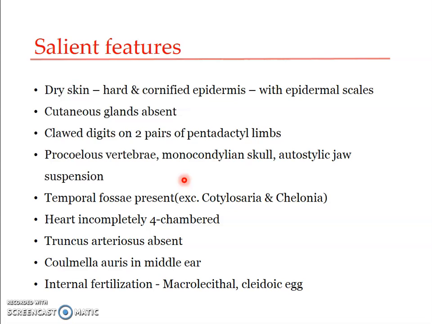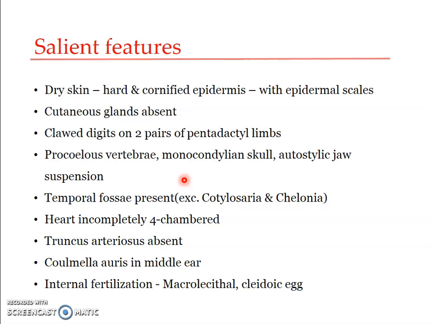Now, respiration, as said, is purely by lungs, and it suits the completely terrestrial mode of life. Then the heart is three-chambered, or it could be said to be incompletely four-chambered. That is, it is divided into two auricles and incompletely divided ventricles, except for the crocodiles, which have a completely four-chambered heart. In the heart, the truncus arteriosus is absent.